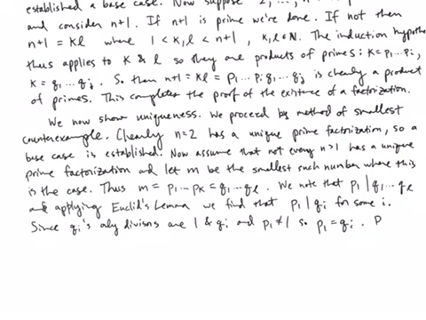By canceling P1, we obtain P2 times dot dot dot Pk equals Q1 dot dot dot Qi hat. I think I introduced this notation before.